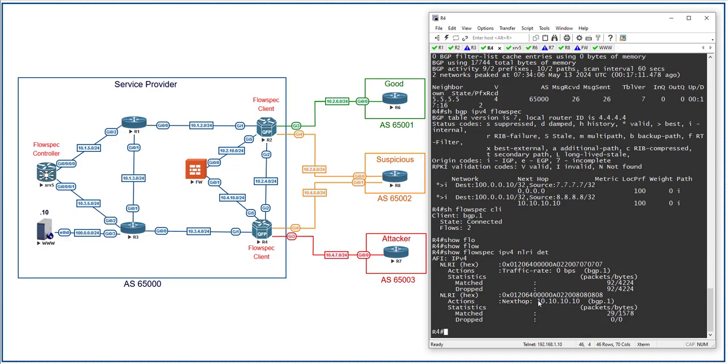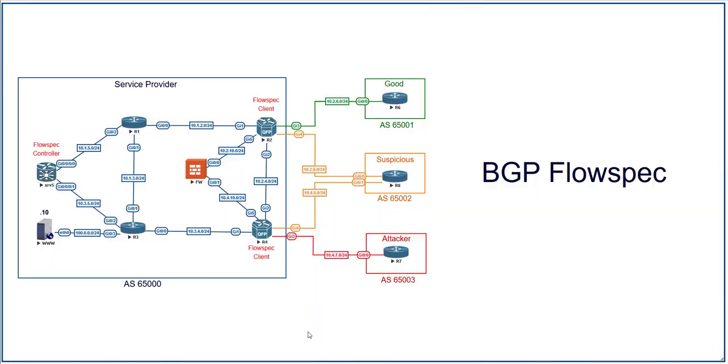Here you can see them. In the first class map, red, all traffic matched is dropped. But in the next class map, we can see all traffic matched, and none of them are dropped, all of them are redirected.